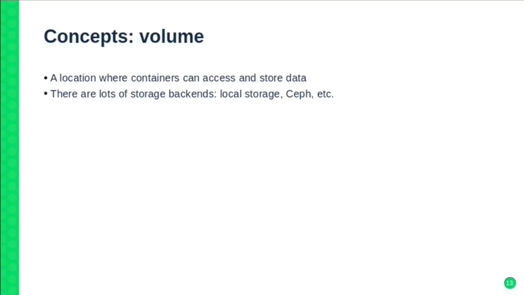It can be in your local file system, but that would not really be production ready, because if that node goes down, you lose your data. It can be Ceph, so you point the URL to your Ceph application, or NFS, where you point to the URL of your NFS server and define the path to be stored at.